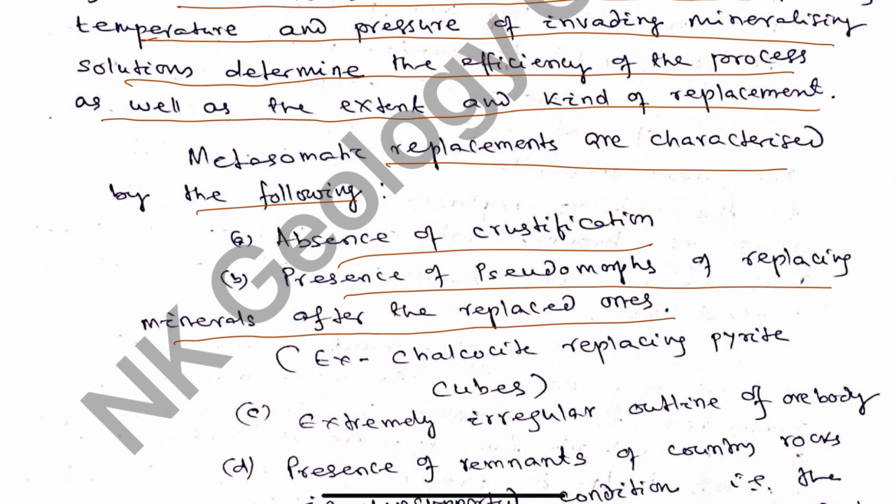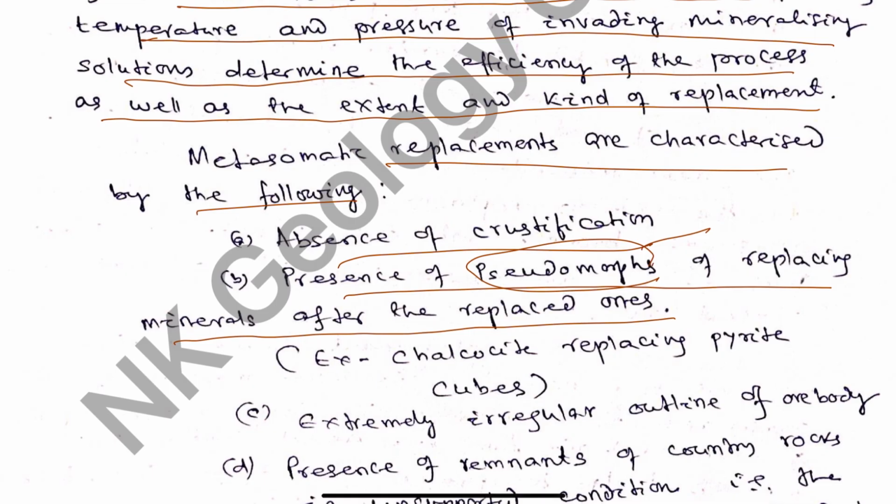As I have already told, the replacement takes place molecule per molecule, and the mineral which is being replaced takes the shape of the replacing mineral. So here we can say the replacing mineral is the pseudomorph, taking the false shape of the replaced minerals.